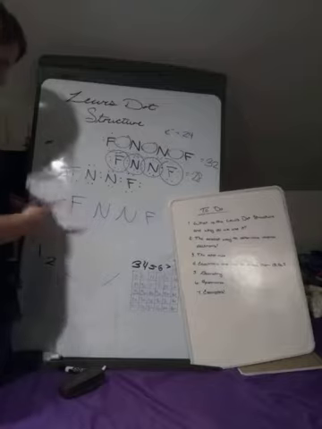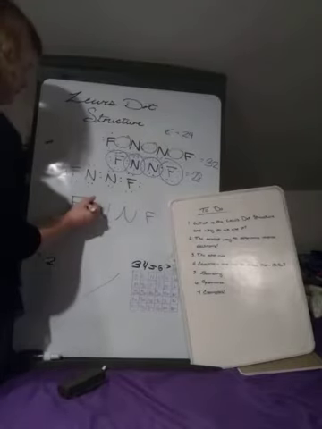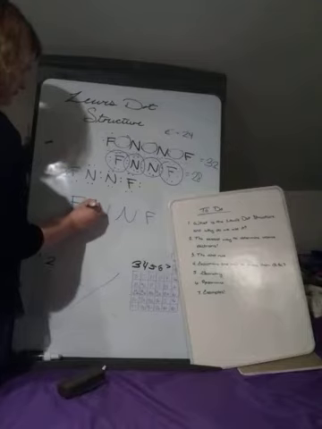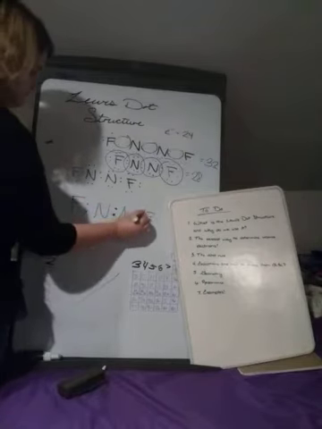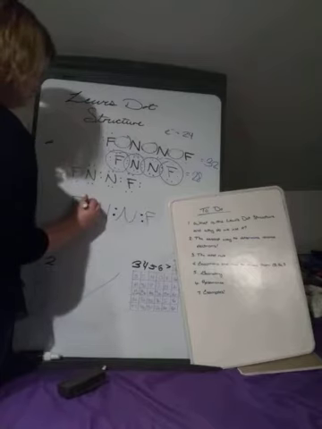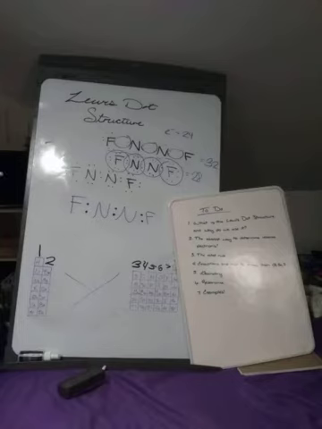Let me erase that and do a different bond. So we're going to ask ourselves in the future, can these be double bonded? And for now, yeah, they can. Actually, they can, period.